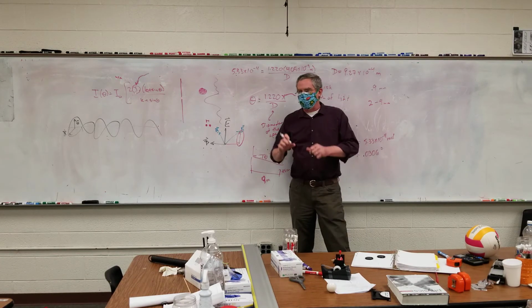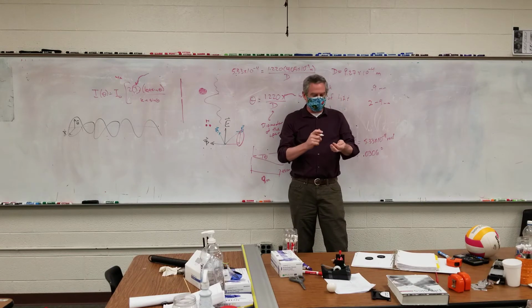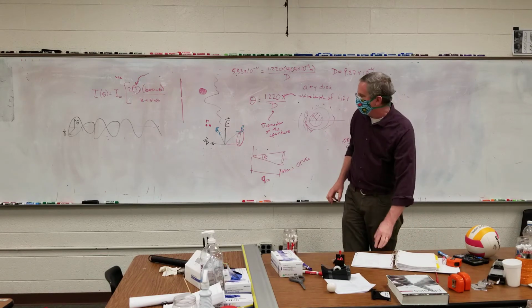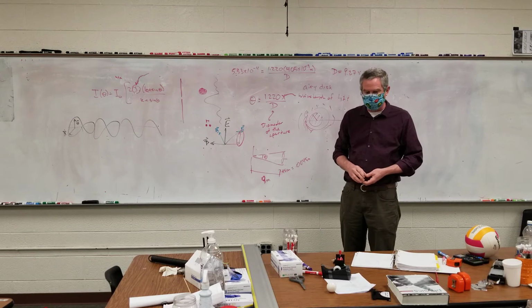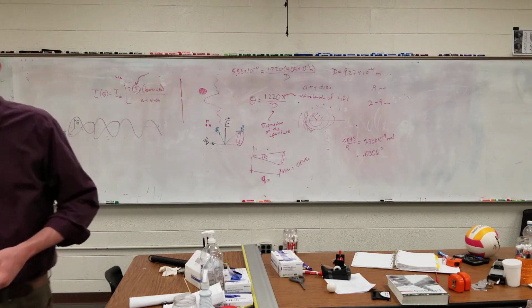So if I have light coming in all directions, then in essence one polarization filter will block half the light, all the light that is perpendicular to whatever is being allowed through.